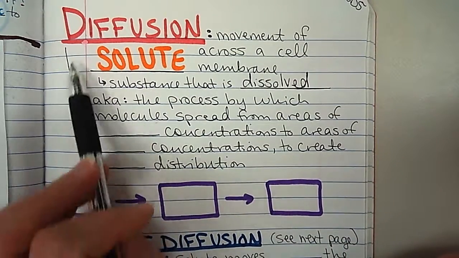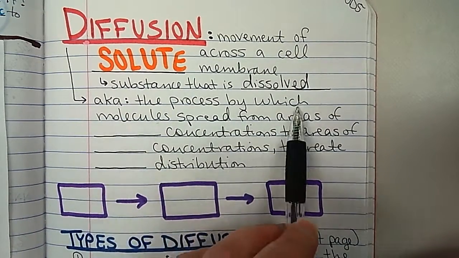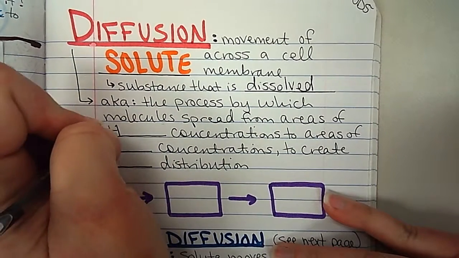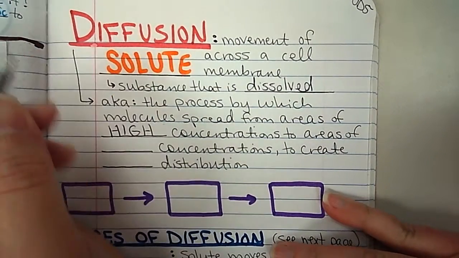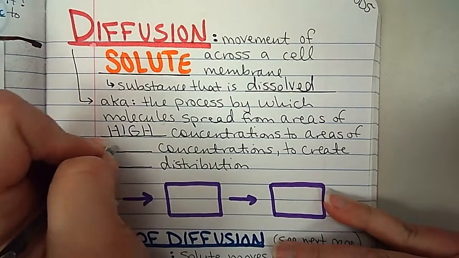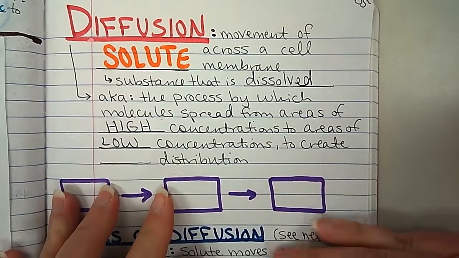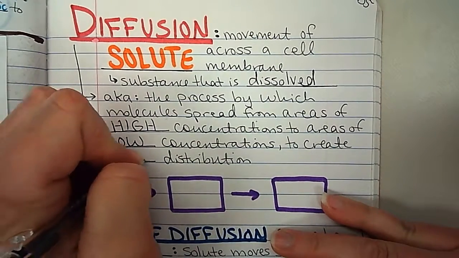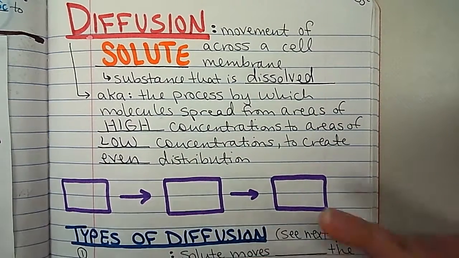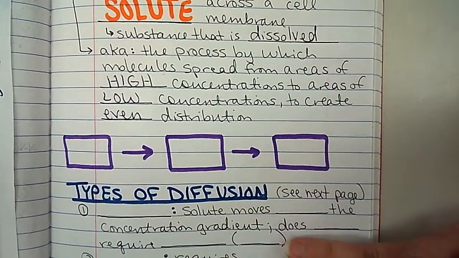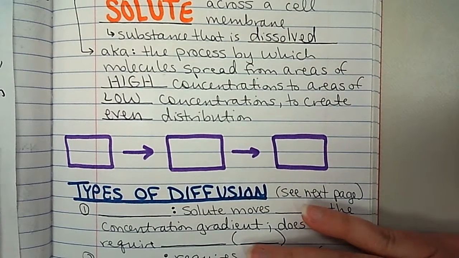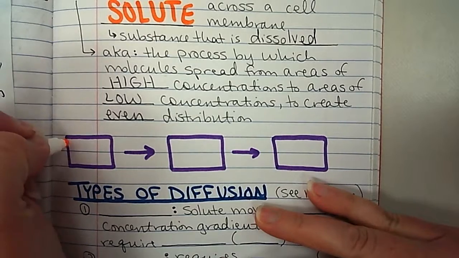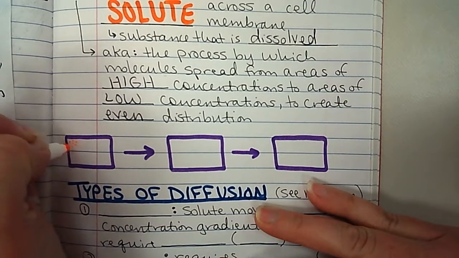So diffusion is also known as the process by which molecules spread from areas of high concentration to areas of low concentration to create an even distribution. For instance, let's say that I have some perfume and I spray it right here. I'm going to put some little perfume particles.